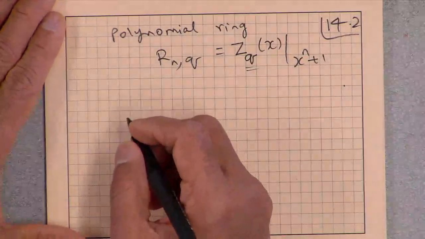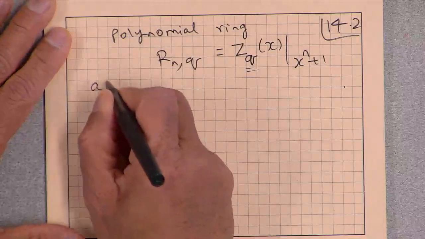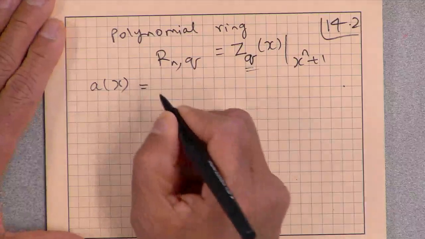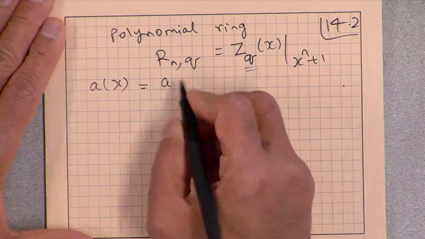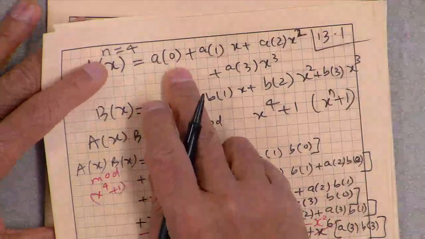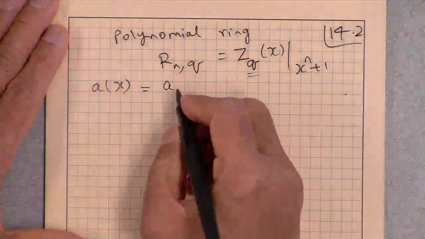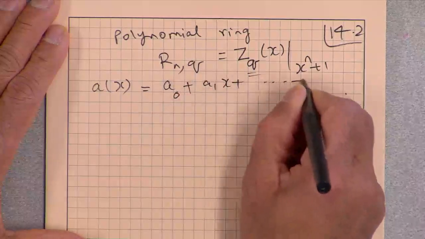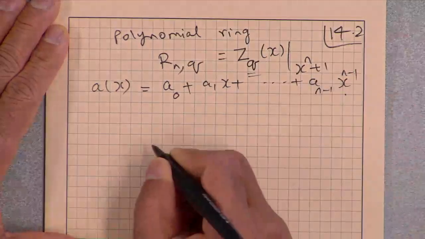Had I thought more, I would have used lowercase a in the last class. So a(x) is equal to a0 plus a1 x, up to a(n minus 1) x to the power n minus 1.